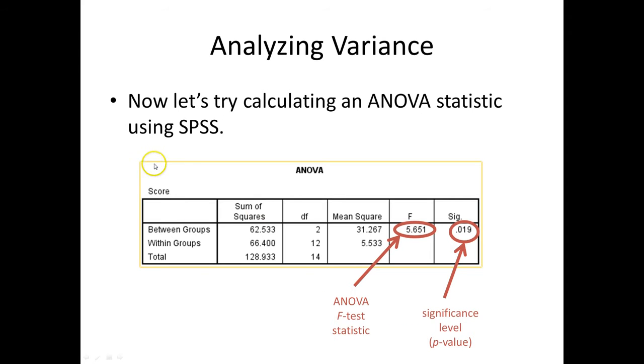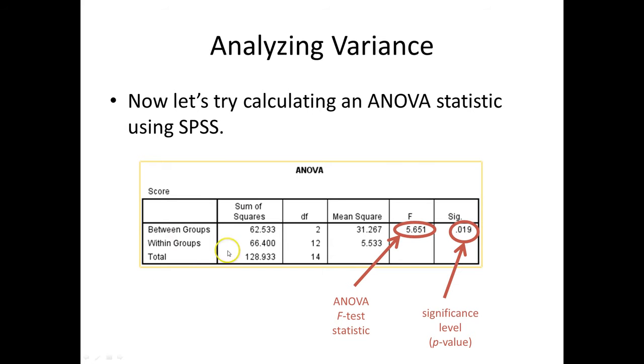When you run the test, you'll get a table that looks like this, an ANOVA table. And you're going to have the between group sum of squares, within group sum of squares, total sum of squares, the degrees of freedom, something called the mean squares, and then the F statistic and the significance level. So this is giving you the same information that you got when you worked this out by hand for the practice problem.